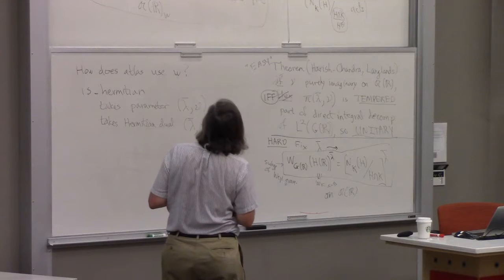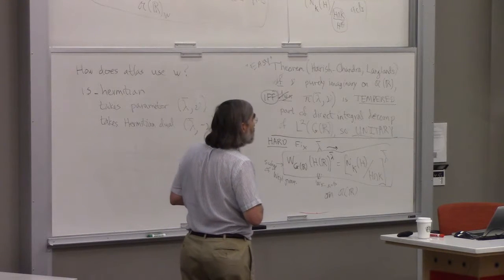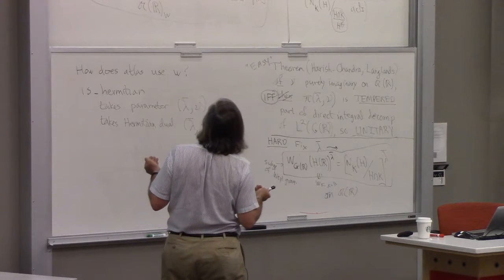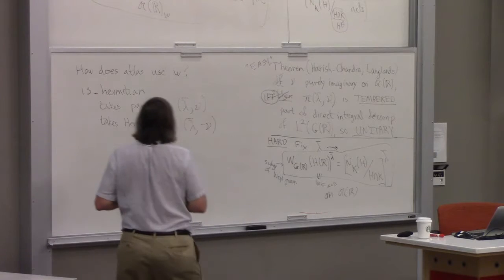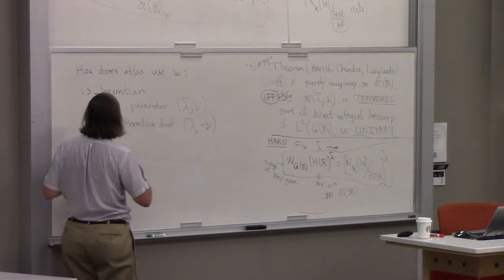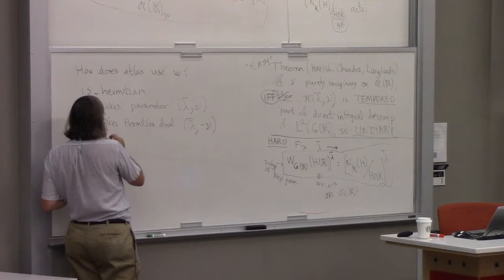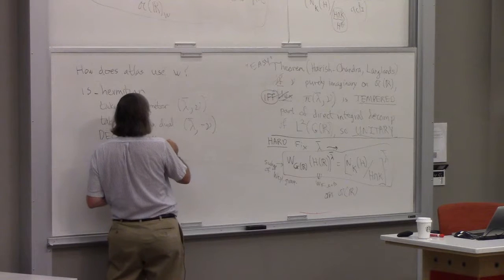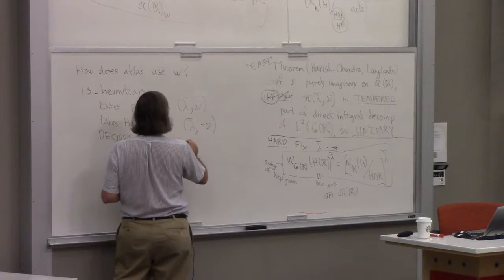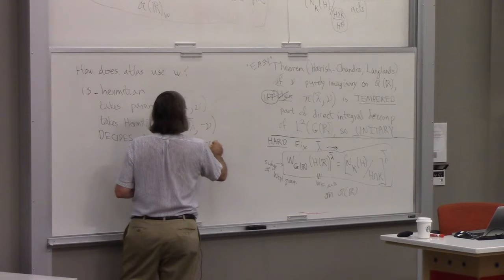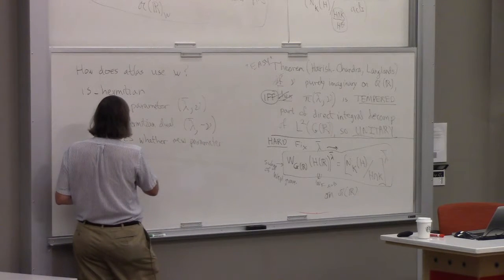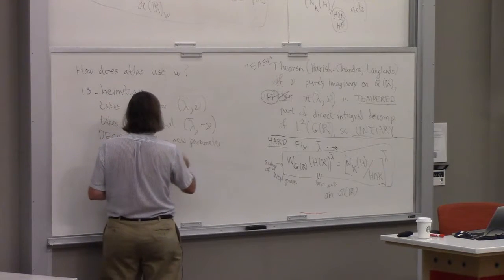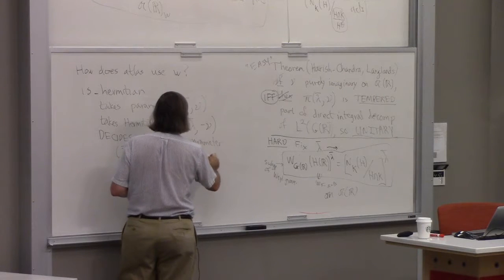Then what it does is it decides whether this new parameter lambda bar minus nu is equivalent to lambda bar nu.